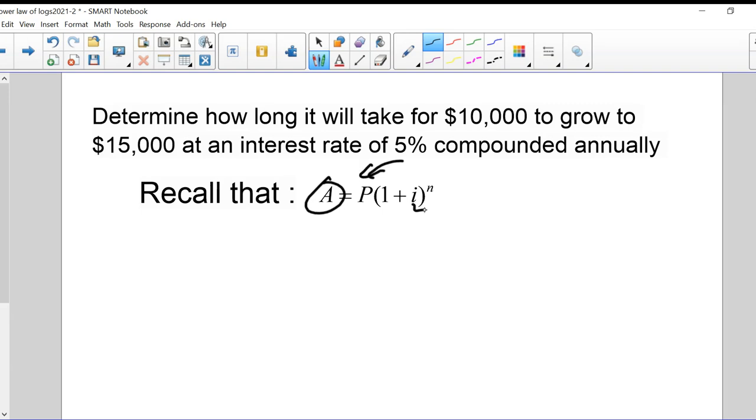Getting this amount of interest, the i is the interest rate, for this amount of time, and n represents the period of time that you are investing your money. Okay? All right. So if you bear that in mind, and hopefully this is coming back to you now, we can actually set up this information into this formula right now. So you're starting off with $10,000 and you're trying to get this up to $15,000 and you're earning 5% compounded annually.